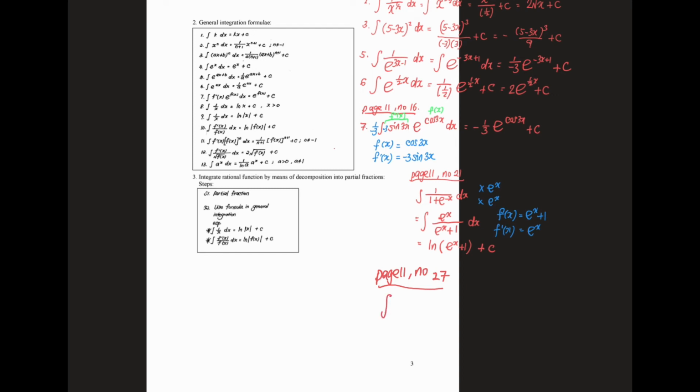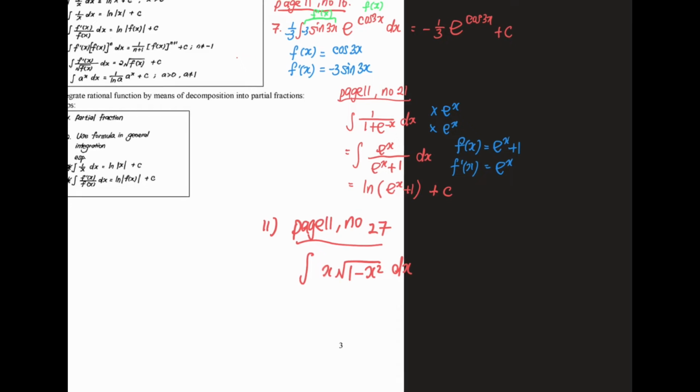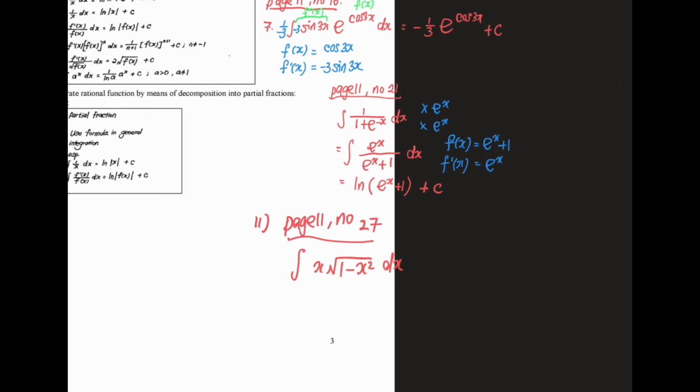We have the integration of x times the square root of 1 minus x squared dx. In order to use the formula in number 11, what to do is we need to let f(x) equal 1 minus x squared, and we differentiate, we get negative 2x.